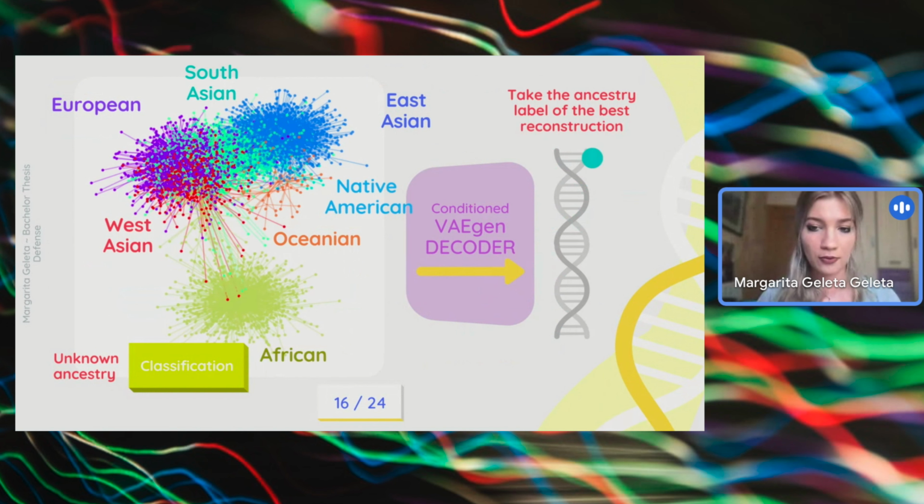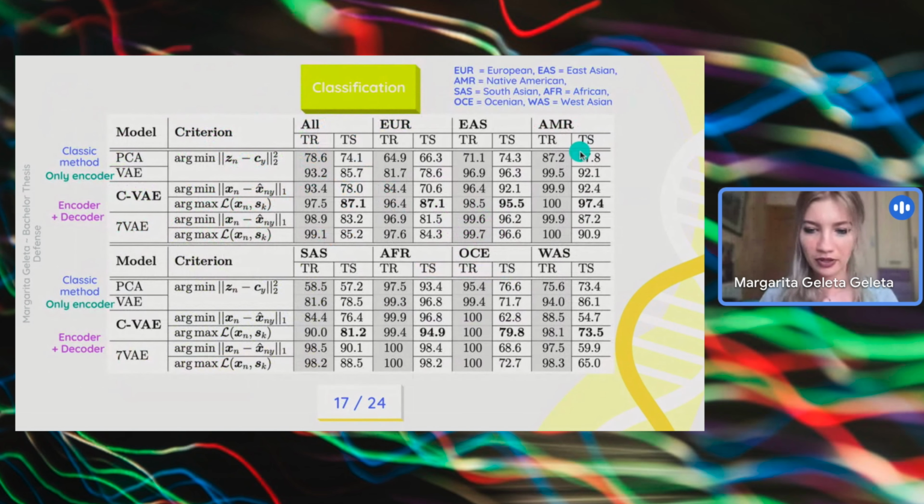So we end up having several methods for classification, and the last one is taking the ancestry label of the best reconstruction. Here in the table, don't be overwhelmed. Let's see what the values on the rows are. We compare with PCA, the classification in the linear space, which is the classic method for global ancestry inference.